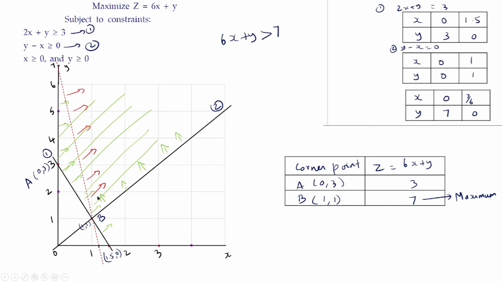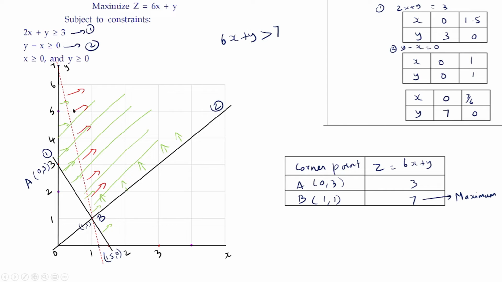Now we say that if this region does not interfere with the feasible region, then this corner point B will optimize the objective function. On the other hand, if this region interferes with the feasible region, it means the given linear programming problem does not have a solution.